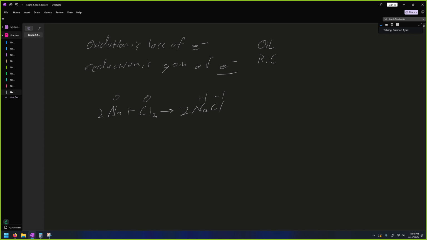So sodium went from a 0 to a +1. I would say sodium was oxidized here. Chlorine is therefore reduced because we went from a 0 to a -1. It had to gain an electron for that to happen. So you would say sodium is oxidized, and the chlorine is reduced.